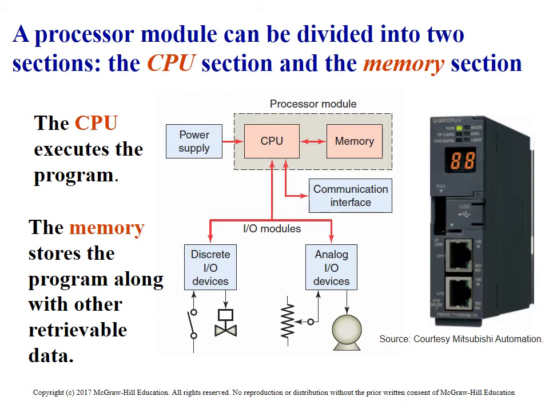The CPU, of course, executes the program and stores all the memory locations and all that information. As you can see in this application, it actually has 2 Ethernet ports in it. Also, you've got a USB port. All the LEDs and pretty much everything associated with controlling the system is in the CPU.